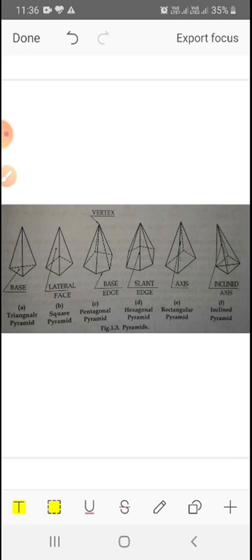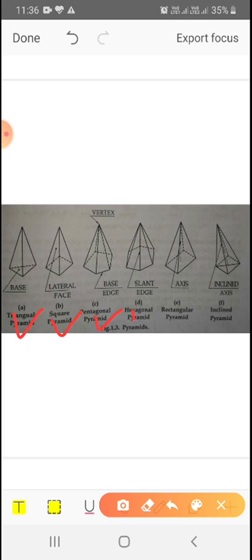You can observe that figures A, B, C, D and E are right pyramids, because the axis of the pyramid is perpendicular to its base.